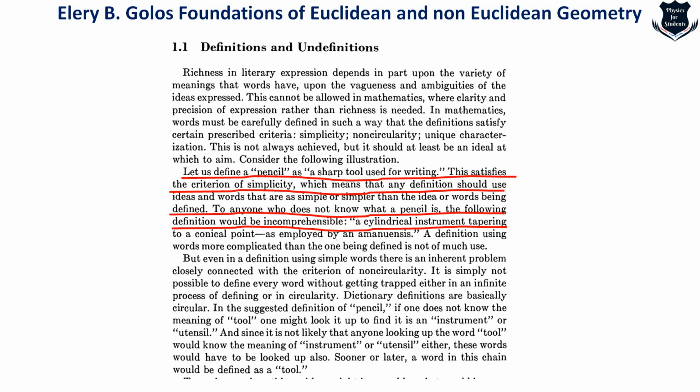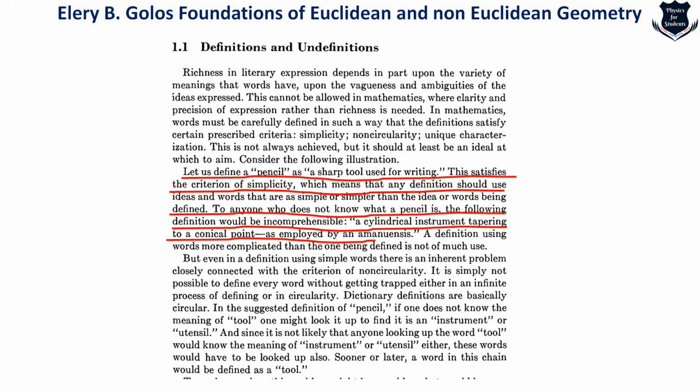He says that to anyone who does not know what a pencil is, the following definition would be incomprehensible: a cylindrical instrument tapering to a conical point, as employed by an amanuensis. A definition using words more complicated than the one defined is not of much use.